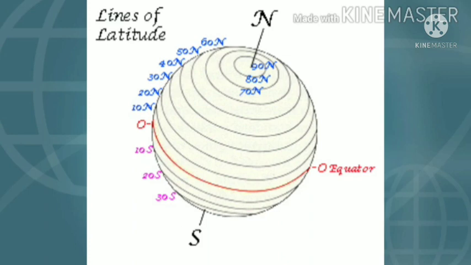The poles are 90 degree north and 90 degree south of the equator. The parallels in the northern hemisphere are labeled 10 degree north, 20 degree north and so on. Those in the southern hemisphere are labeled 10 degree south, 20 degree south and so on.